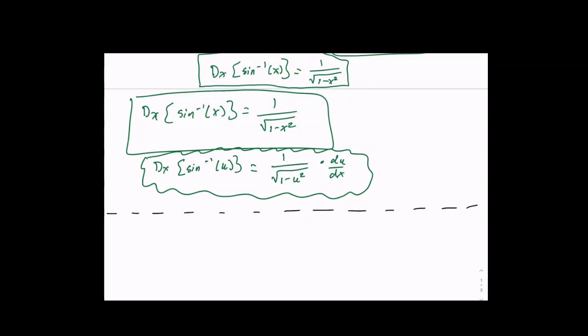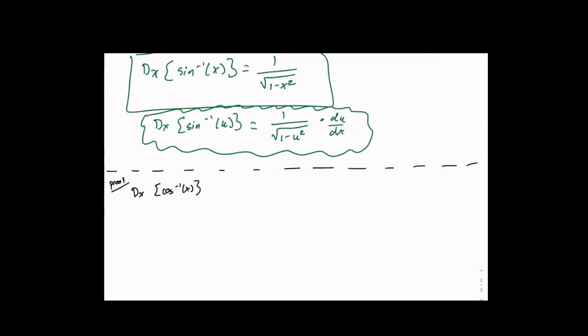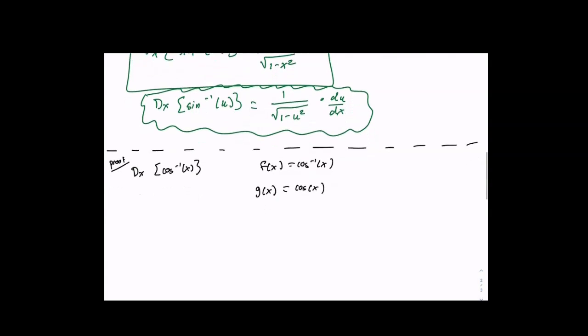We can also do it with the derivative of inverse cosine of x. I could do the proof the same way on this one right here, but cosine, so if I call f of x inverse cosine of x, then the inverse would be cosine of x.